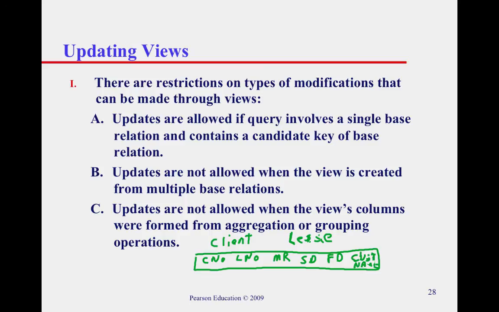But there are other leases associated with that client. That's bad. So that's why we have the restriction that if the view was formed from multiple base relations, we can't update it, because we can't easily map it back to the individual base relations. Whereas if there's a single base relation, it should be pretty clear.